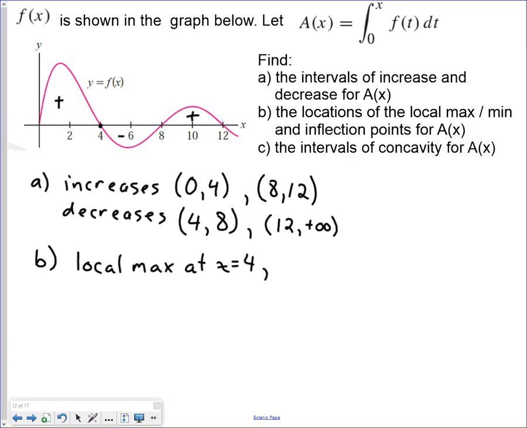Similarly, at x equals 8, it changes from decreasing to increasing. So there has to be a local minimum at x equals 8. And if it changes again at x equals 12 from increasing to decreasing, we can also say that there's going to be a local maximum at x equals 12.